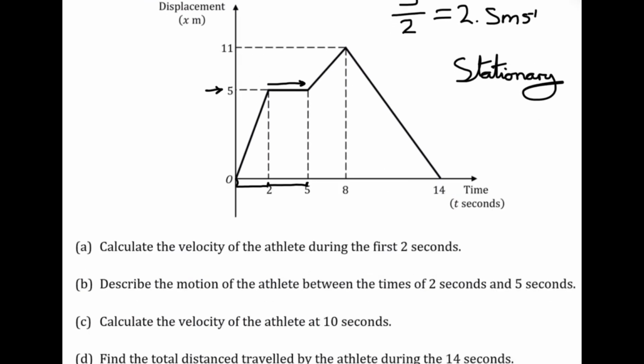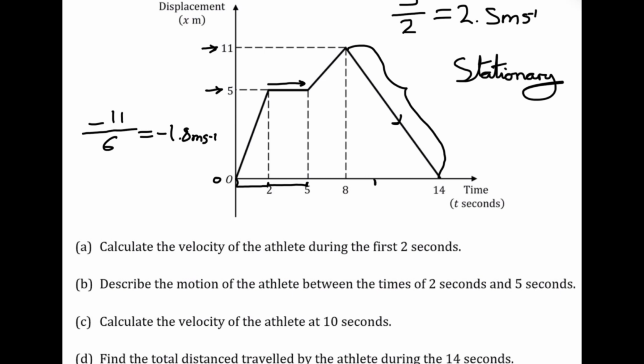Next we need to calculate the velocity of the athlete at 10 seconds. 10 seconds is going to be around here, and we can see the gradient is decreasing at a constant linear rate, so her velocity will be the same anywhere along this line, and we can tell she's displacing 11 meters all the way down to 0 in a matter of 6 seconds. And to 2 significant figures, that is negative 1.8 meters per second.